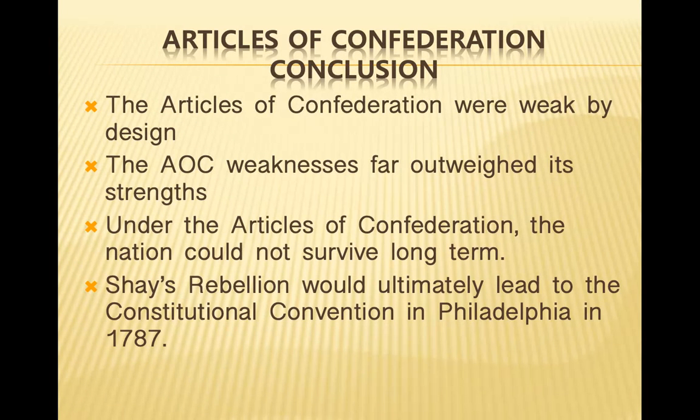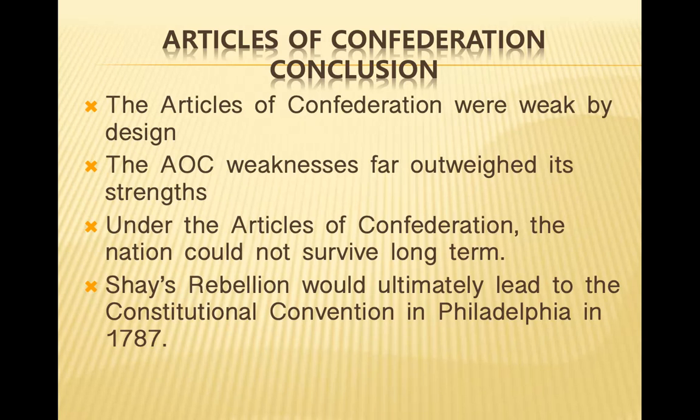The problem with it is that their weaknesses far outweighed their strengths. And the writers of the Articles of Confederation and our founding fathers never intended the Articles of Confederation to be so weak that it would cripple the nation as a whole.